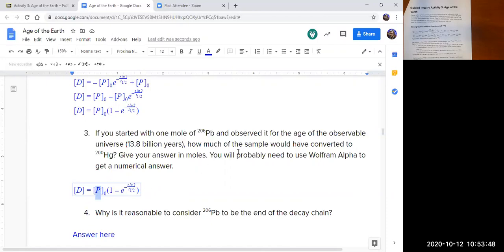So now we need to figure out what we are plugging in. We're observing it for the age of the observable universe, which is 13.8 billion years. So that is the time at which we are making the measurement. So time here is going to become 13.8 billion years.